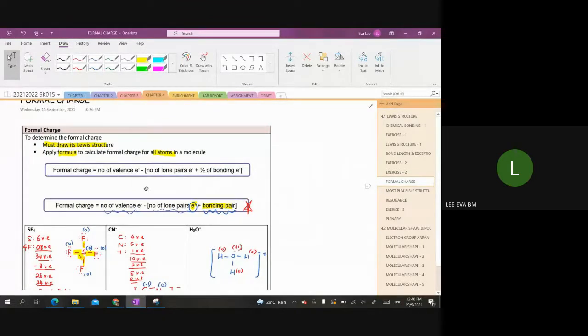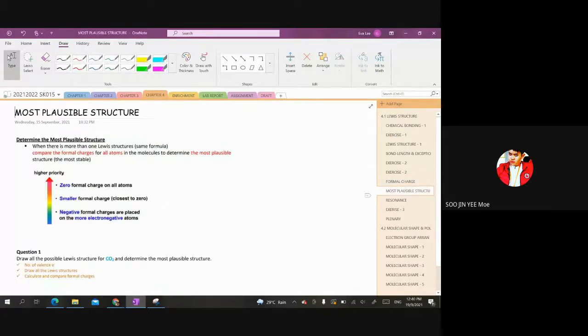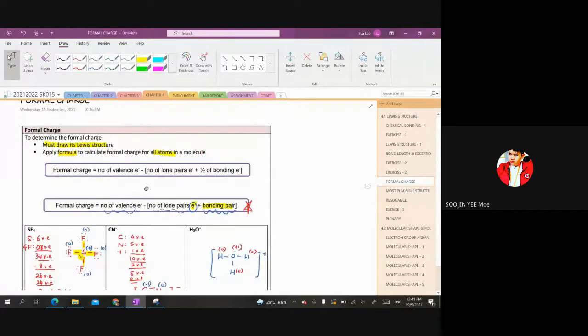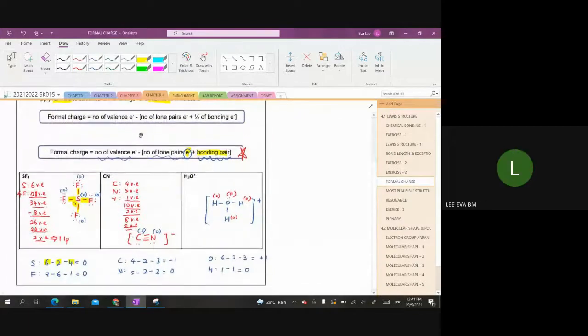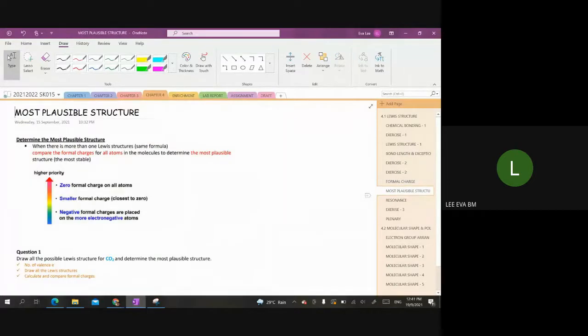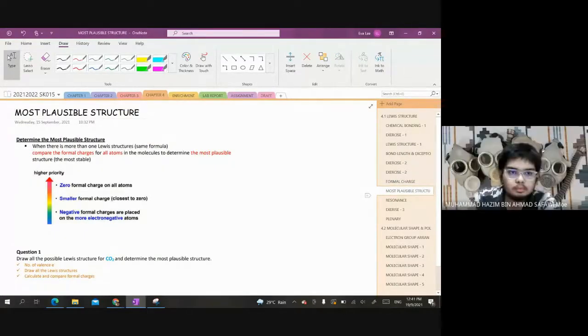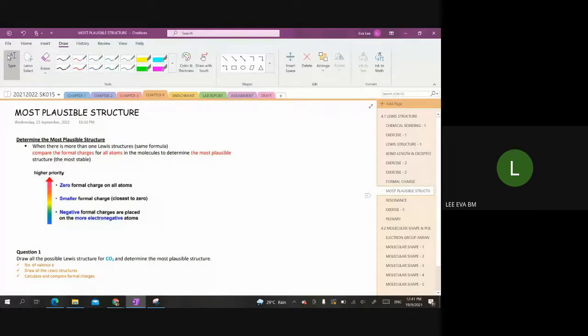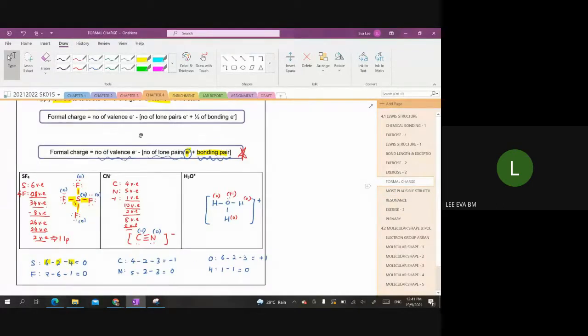Otherwise, you just punch your calculator and write the bracket thing. So every time we draw the Lewis structure, we need to calculate the formal charge? Safer plan, you calculate for everything, because sometimes we will need to use this formal charge, which is our next topic. Now, why is the formal charge important? It depends on our next topic.